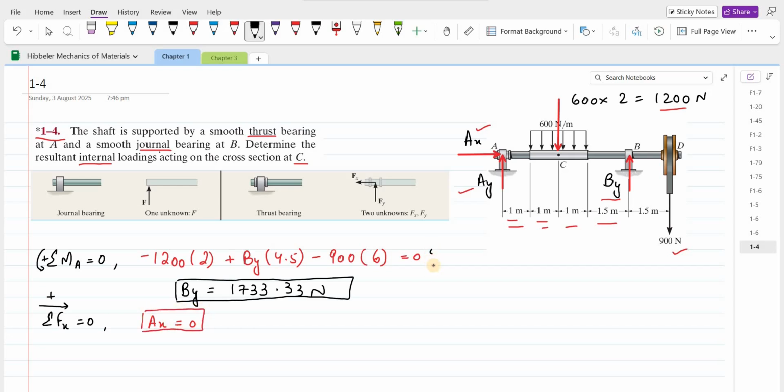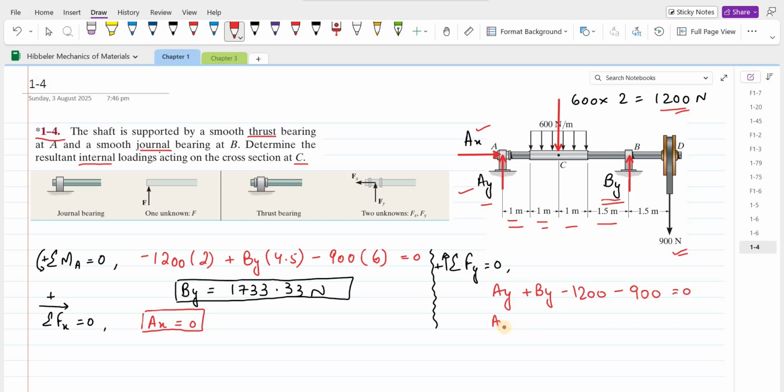Now for the support reaction AY, we can do summation of forces in y direction equals 0. I am considering up direction as positive. So we have AY plus BY minus 1200 minus 900 equals 0.